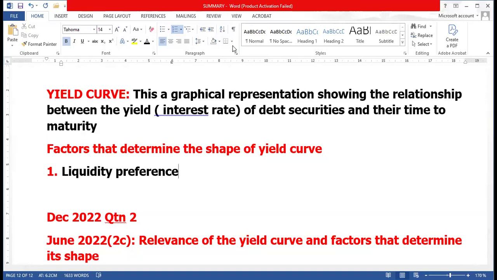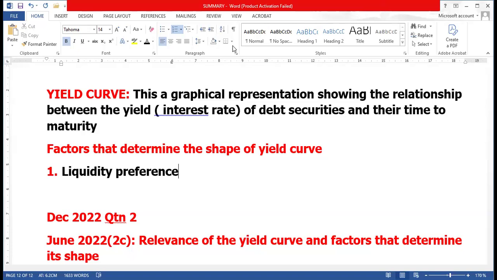So if such an investor is going to invest in a long-term security, he will be expecting a premium, a return for such an investment. All we know is that investors prefer short-term securities because they are more liquid and less risky.